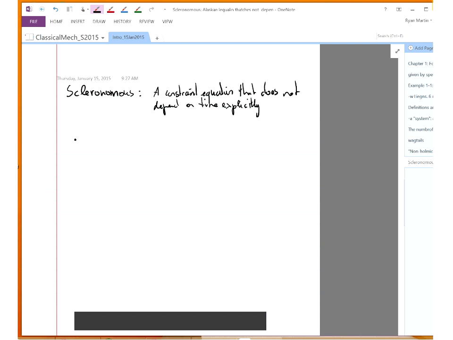Okay, so then, of course, there's the other one, when it does depend explicitly on time, and that's called rheonomous. So that's a constraint equation that depends explicitly on time.